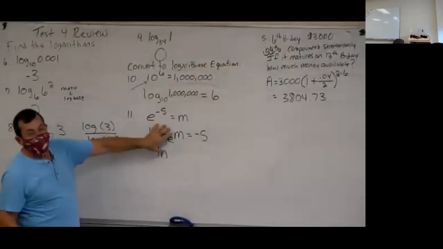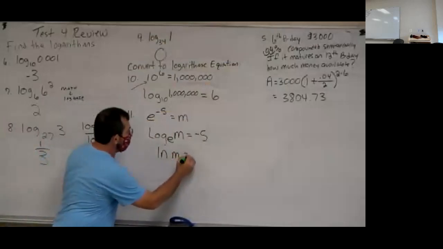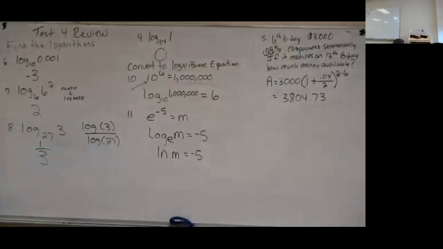So if you end up with a log base e, you gotta change it to the ln of m equals -5, okay? So that's one of the things you gotta watch for on this test. And this is the only problem where you'll get that. But just remember on number 11, when they use the e, we gotta end up in the natural log, okay?